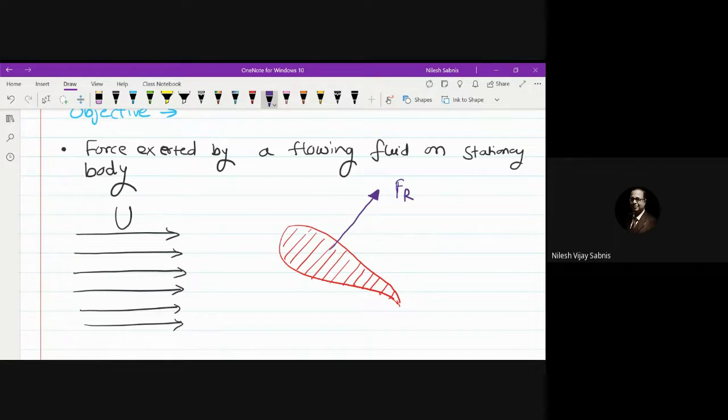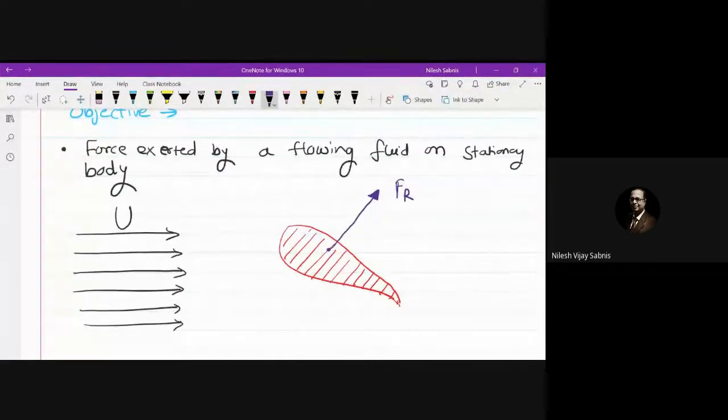Total force is inclined to the direction of motion. This force which is perpendicular to the solid body is inclined to the direction of motion.